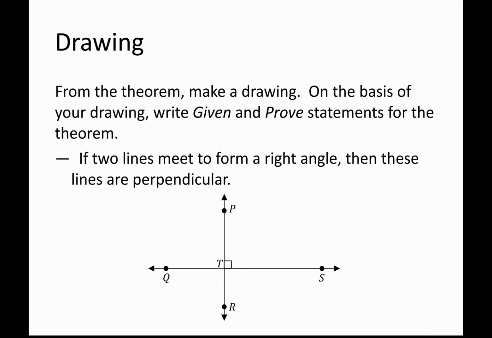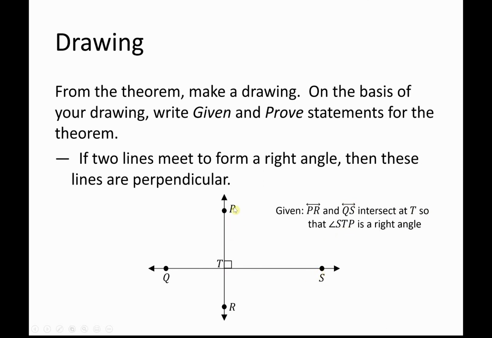Let's start with the given. Now the given should be, again, a formal reiteration specific to this figure of the hypothesis, or previously known to us, antecedent. 2 lines meet to form a right angle. So I would say line PR and line QS intersect at T. This is them meeting. So these are my 2 lines. They meet so that angle STP, I'm calling it STP.